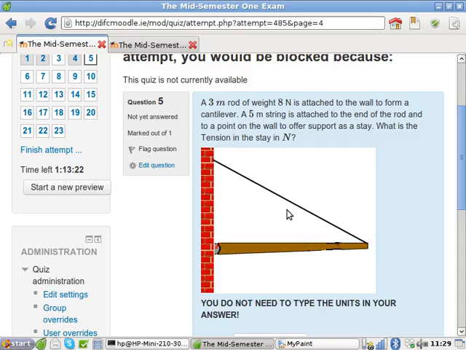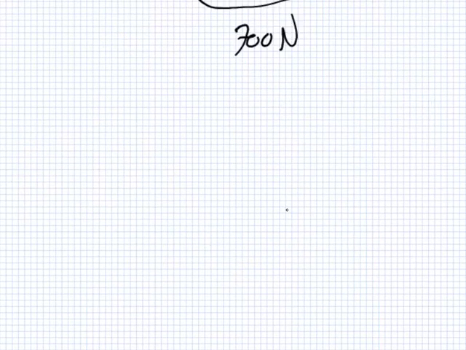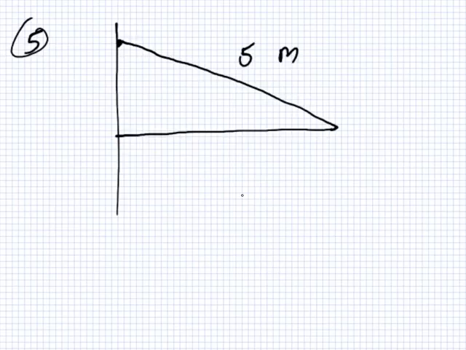Right, so it's a 3-meter rod and a 5-meter string. So this is 3 meters, and the string here is 5 meters, and this is 3 meters. So therefore, this piece here is 4 meters.